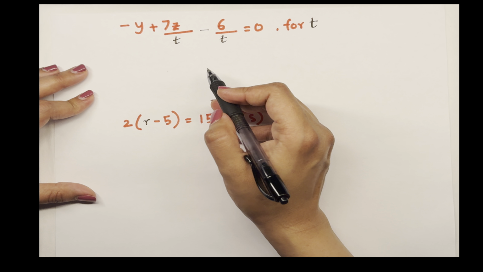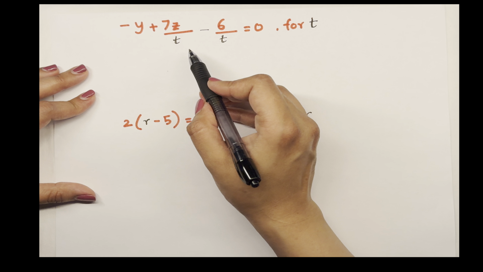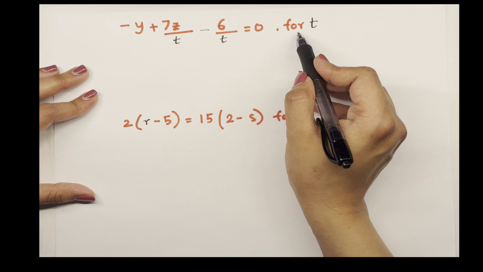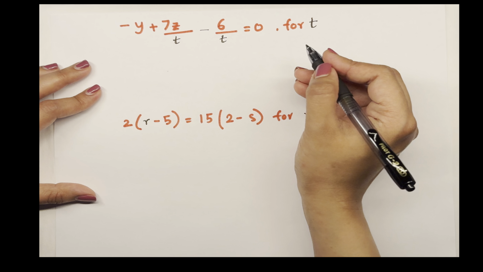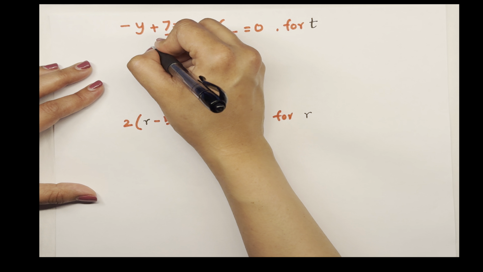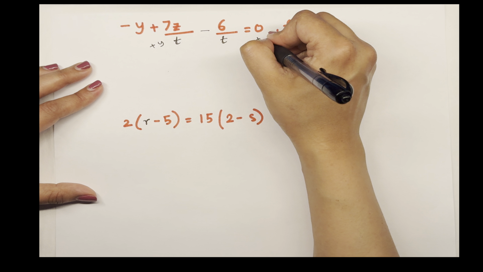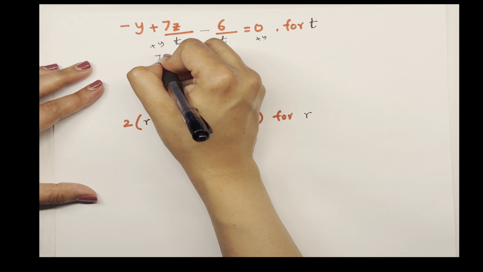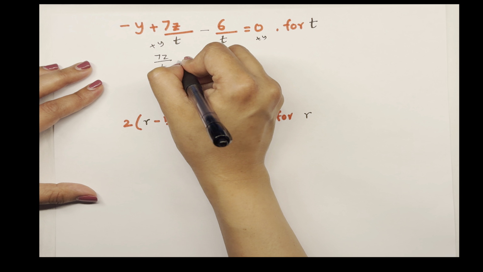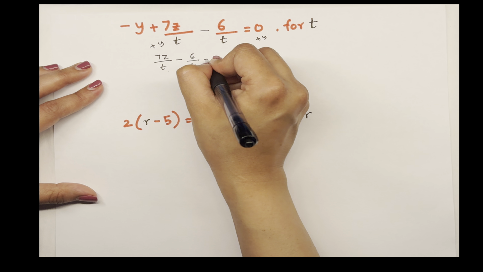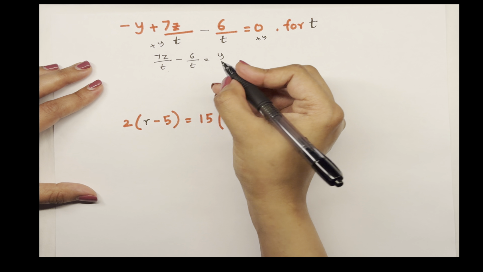Next problem. So you see, this is the expression where we are trying to solve for t. To do that, let's get rid of minus y on both sides by doing plus y. So 7z by t minus 6 by t equals y.